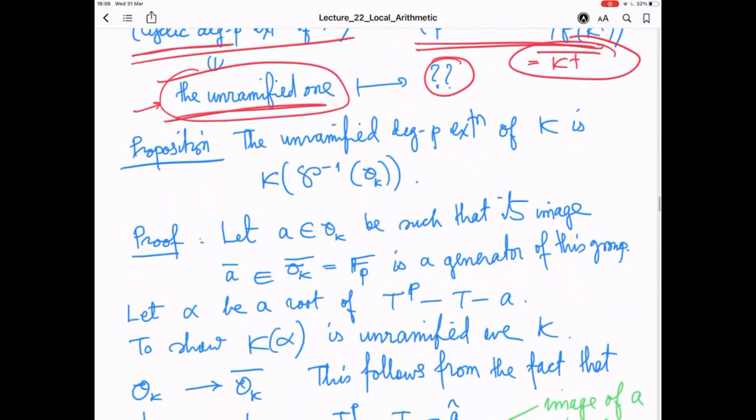Okay, so this proposition says that the unramified degree p extension of k is obtained from k by adjoining the Artin-Schreier roots, by adjoining the roots of t^p - t - a for all a in O_K.